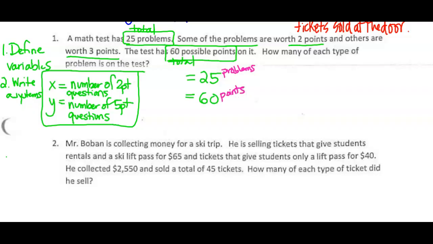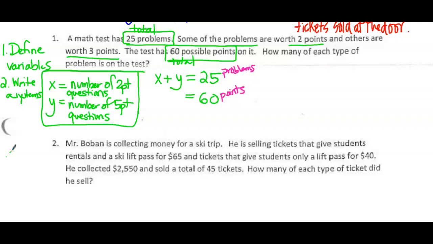So we have to fill in the left side. And since x is the number of questions and y is the number of questions, I'm going to write x plus y equals 25, because the number of problems plus the number of problems has to equal 25 problems.